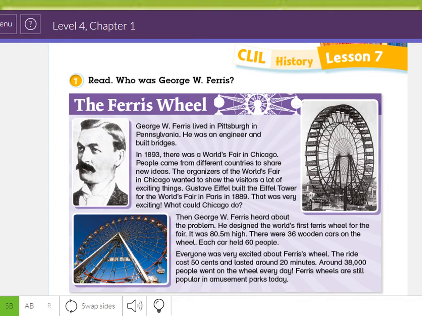Okay, so this is about the history of the Ferris wheel. George W. Ferris built the first Ferris wheel, and he designed it for the world's fair.